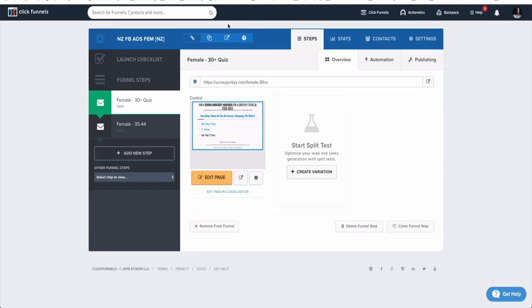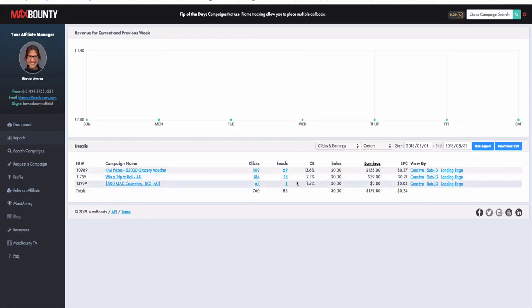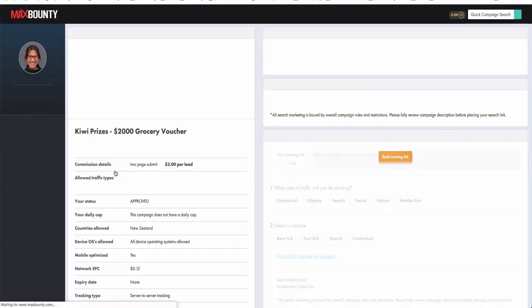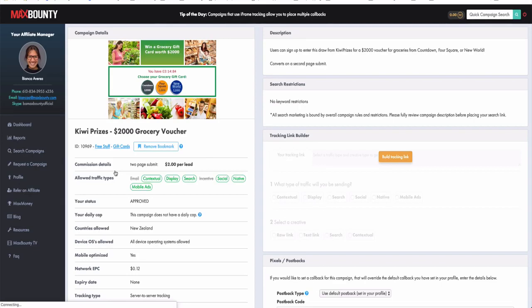The campaign that we were running is on Maxbounty. Like I said, you have to have a Maxbounty account, but there's tons of CPA networks out there like Peerfly and Advidi. Advidi's a little hard to get into actually, but Maxbounty and Peerfly are probably the easiest to get started with. But this was a grocery offer. Now, what happens is they have to enter their email address. So we run an ad on Facebook or Instagram or Snapchat or YouTube, whatever the case may be, and we drive traffic to a landing page.